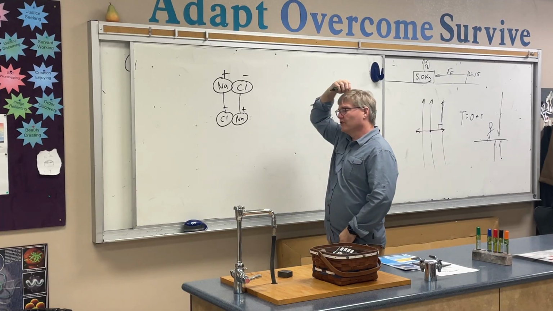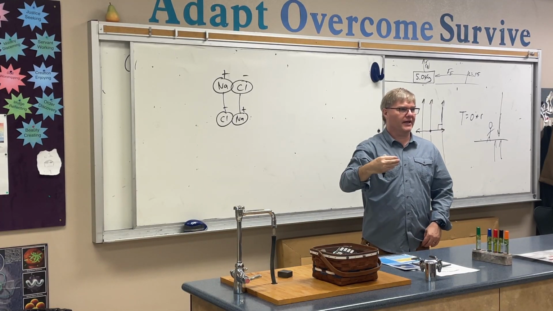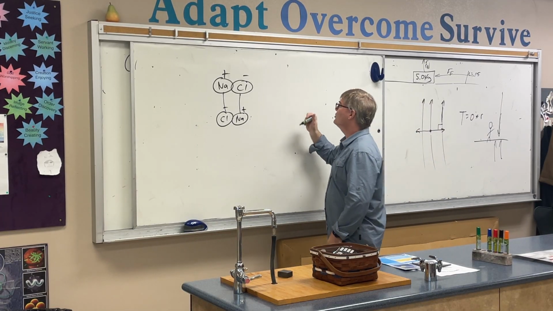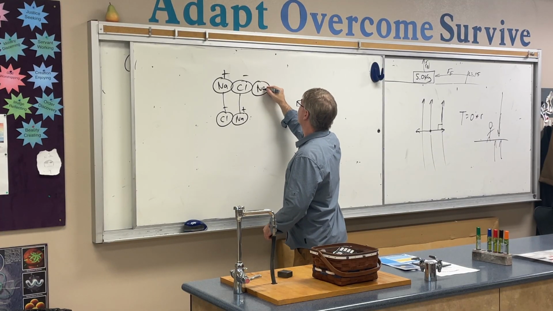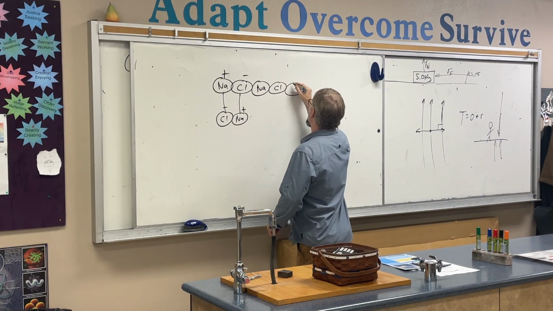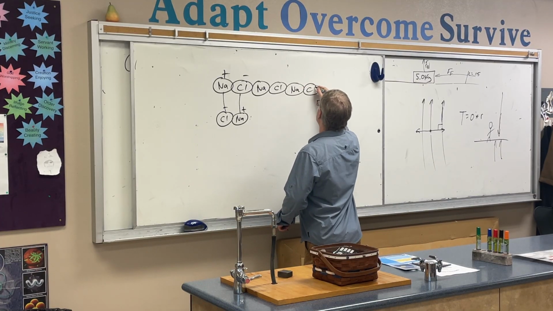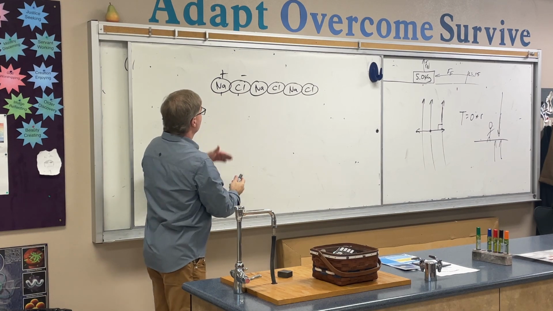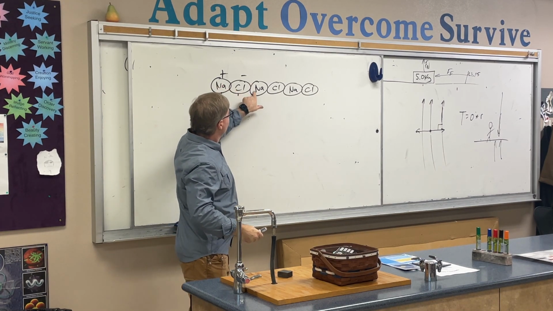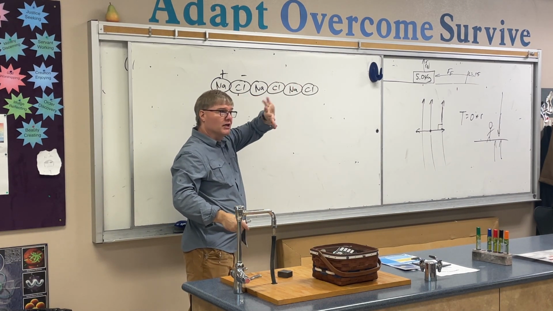And if this were to keep happening over and over again with sodium chloride units, what you will build is a sodium here, and a chlorine here, and a sodium here, and a chlorine here. And so these are sticking to each other, alternating positive, negative, positive, negative.